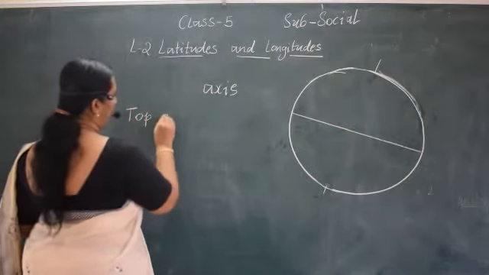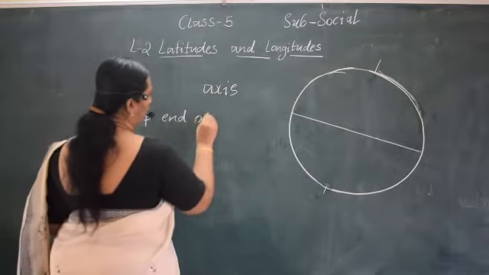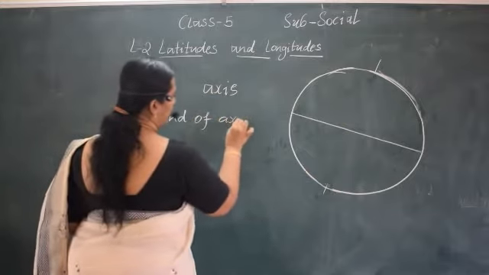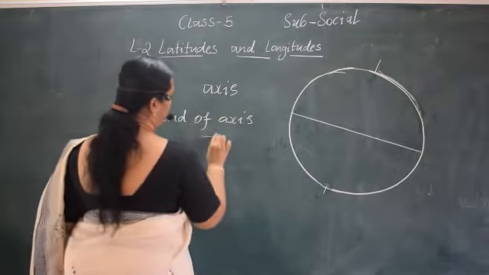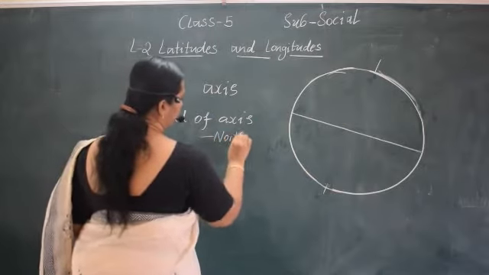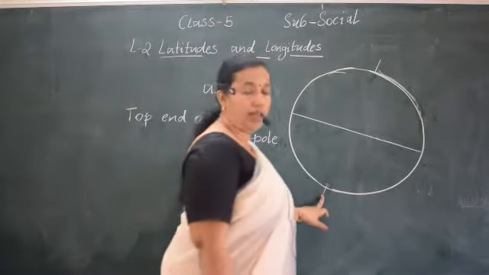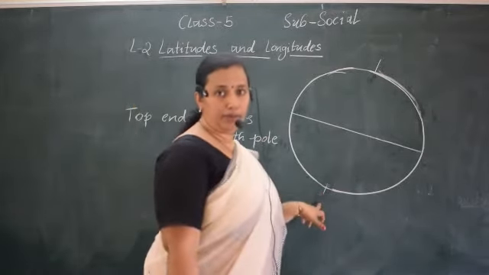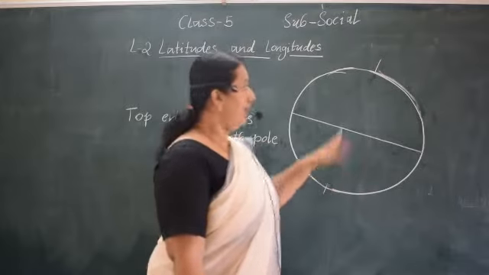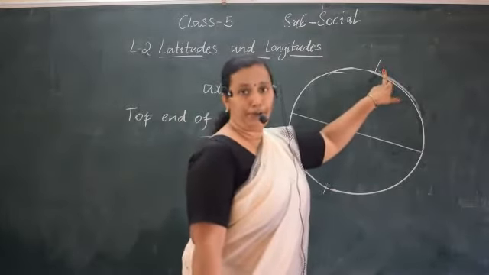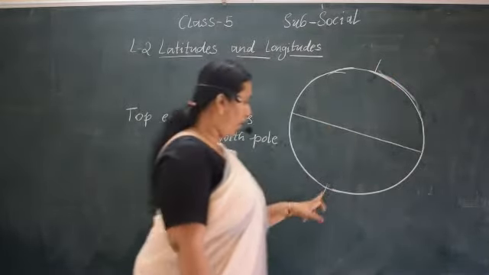The top end of axis is North Pole. And this is the bottom end of axis. This is the top end of axis, this is the bottom end of axis.